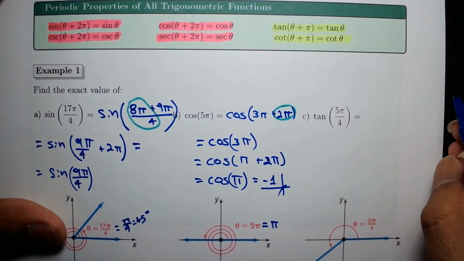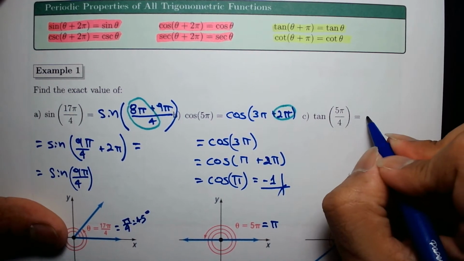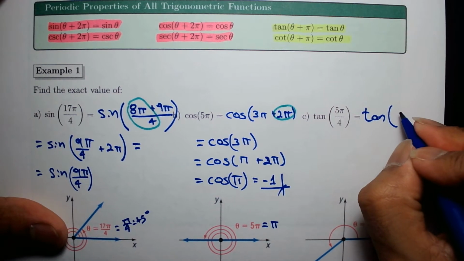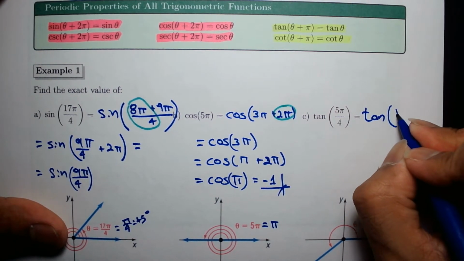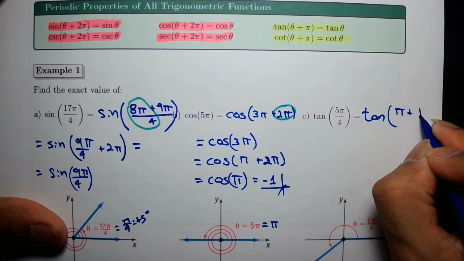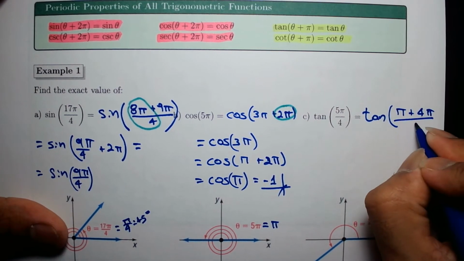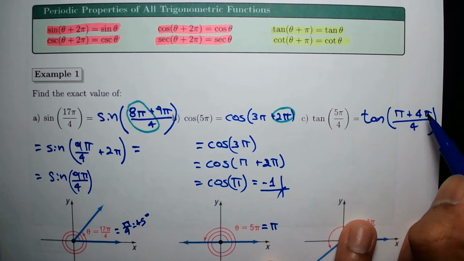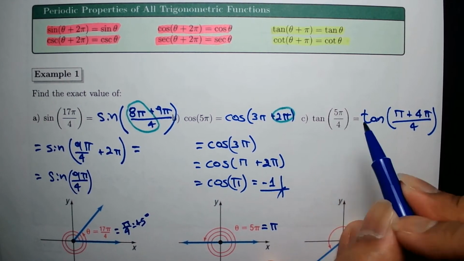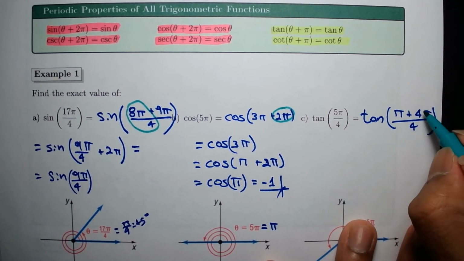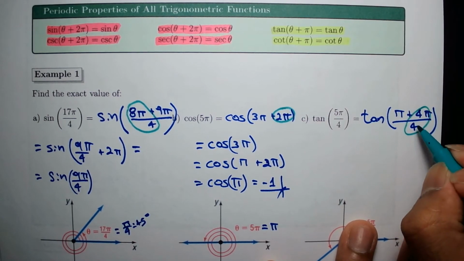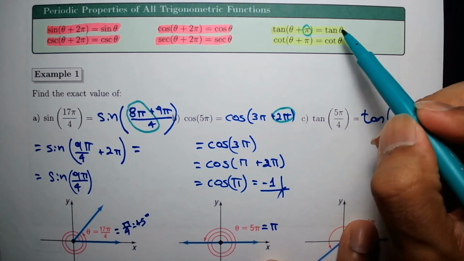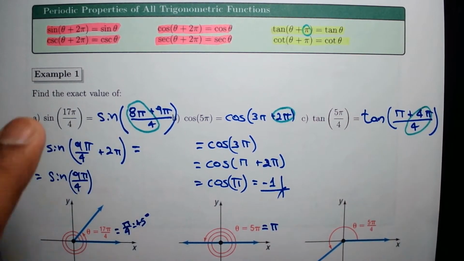So somehow I have to make this look like a tangent of pi over 4 plus 4 pi over 4. On the one hand, pi plus 4 pi is equal to 5 pi. And when I simplify this, that's going to give me 4 pi over 4, the pi that we want, to simply make it disappear and simplify the expression.